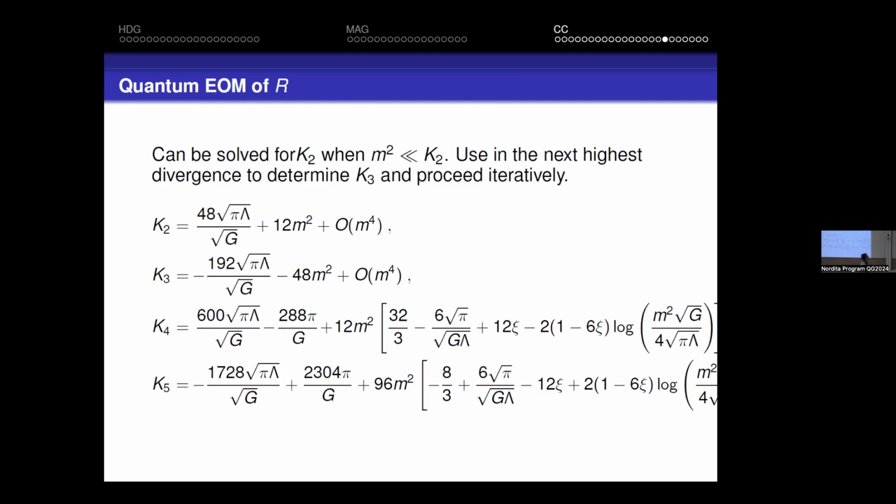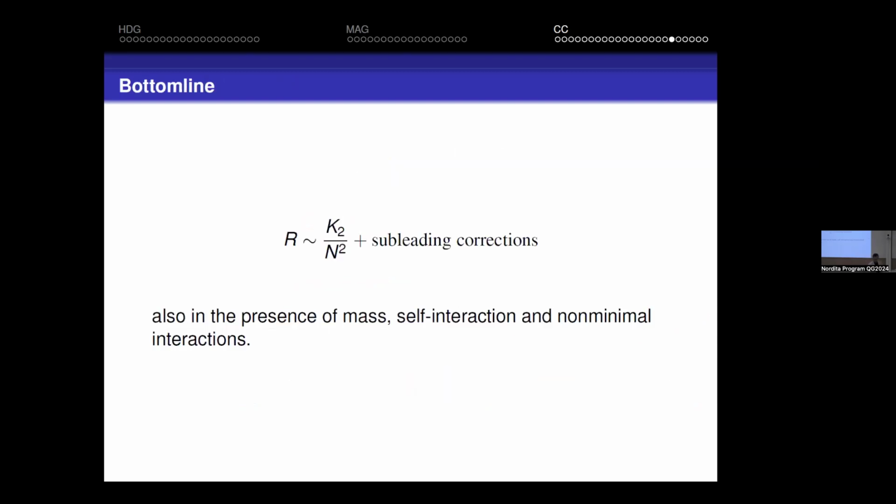The first one is the same as before, plus m squared, also the cubic one, and psi begins to appear at order 1 over n to the power 4, and also g and so on. Okay. So it is true also in the interacting case that the curvature goes to 0 like 1 over n squared.